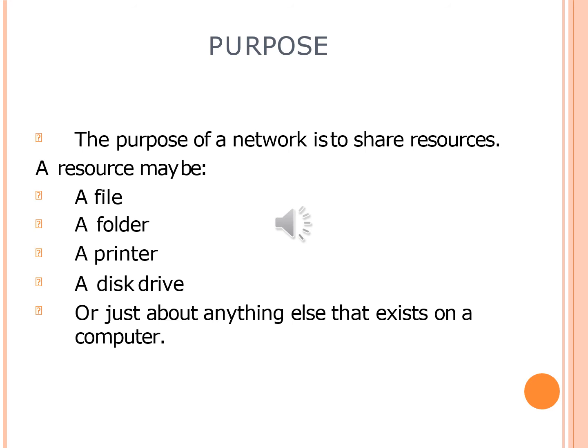We have 3 or 4 printers for 500 users, so we share those printers with all 500 users so that all of them can smoothly take their printouts. We also have files and folders available, and we can share them with all the users with the help of the network. There was some connectivity in between, some physical or logical connection, and only then are we able to share the resources.